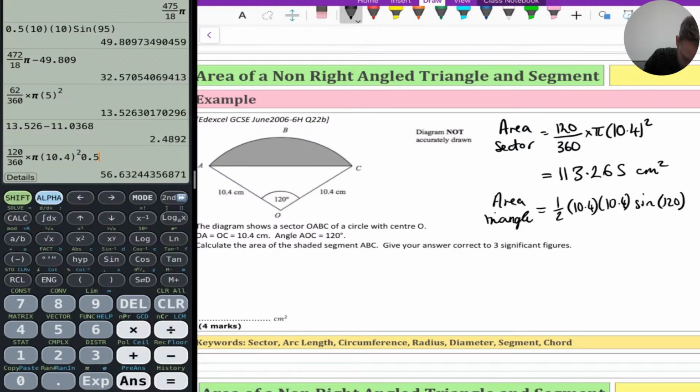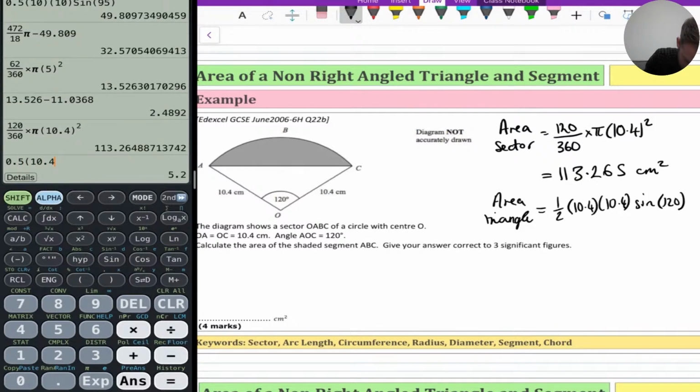So 0.5 times 10.4 times 10.4, I could square that if I wanted to, sine of 120 is equal to 46.8347 centimeters squared.